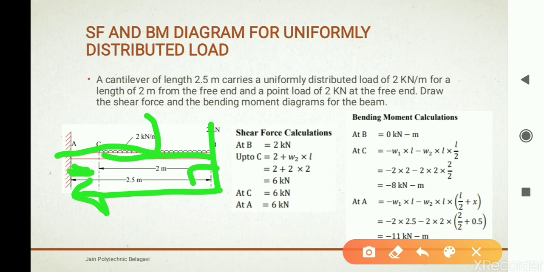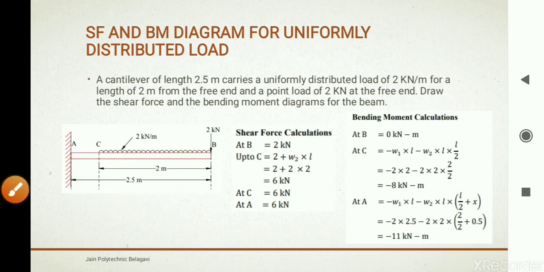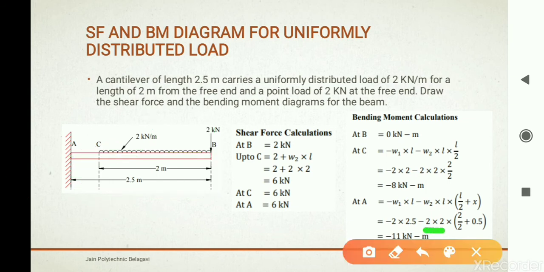So this is minus 2 into 2 into (2 by 2 plus 0.5), which is the moment calculation of the UDL till point A.